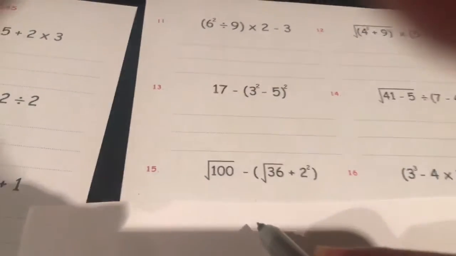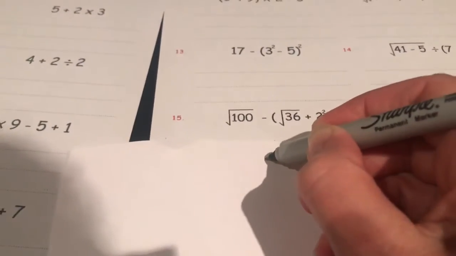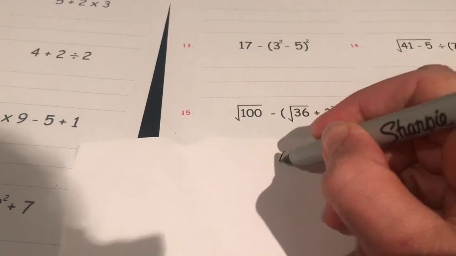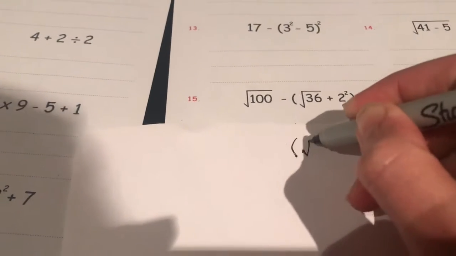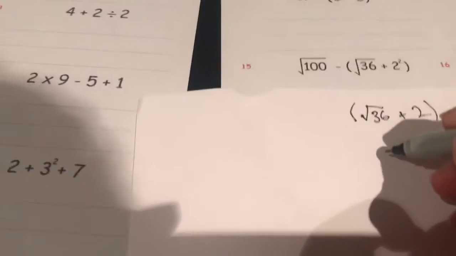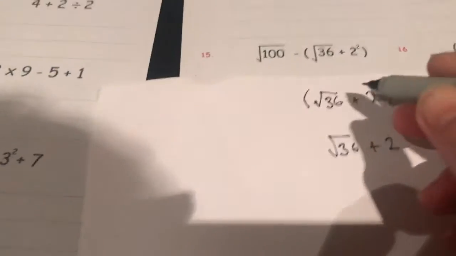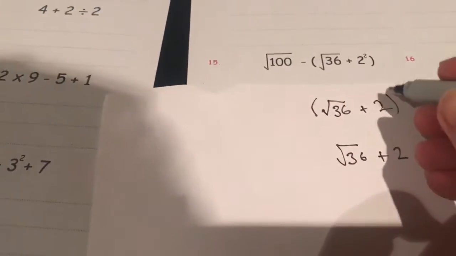It's so hard to do this holding your phone. We're going to start with what's inside the brackets: square root of 36 plus 2 squared.